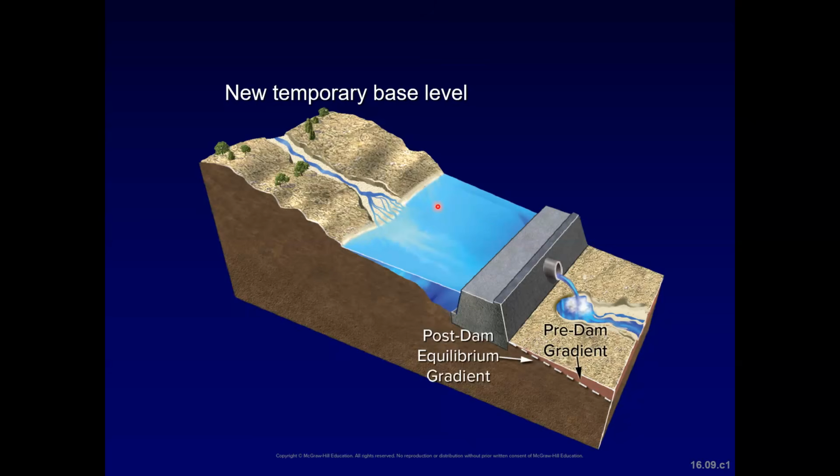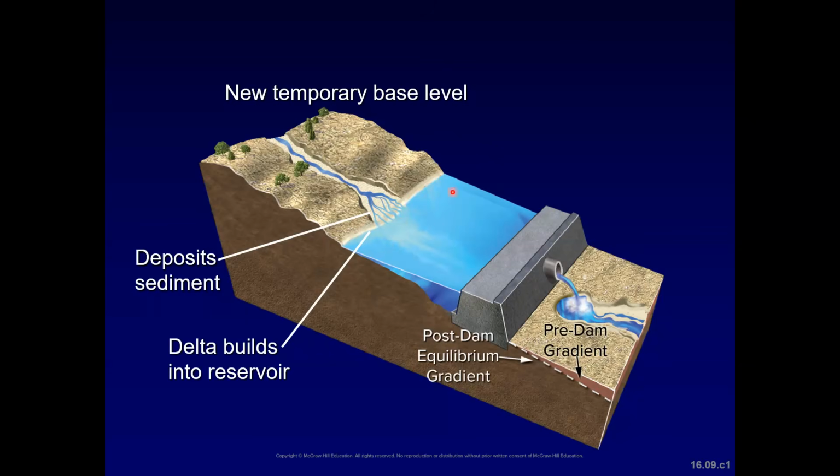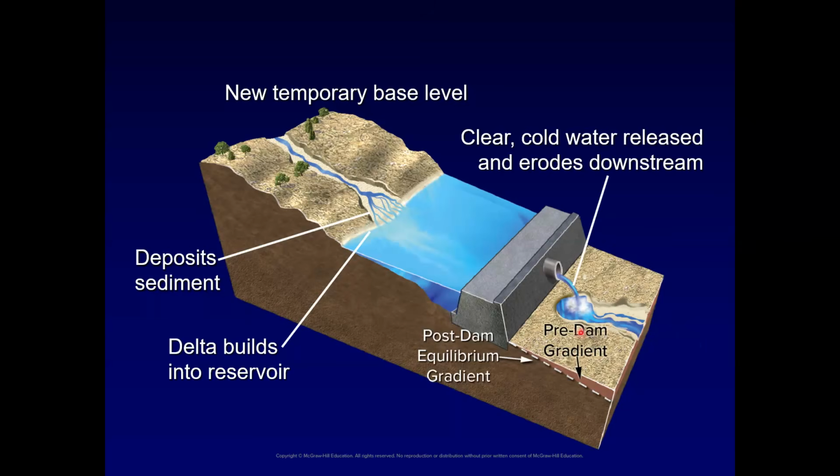And we have sediment deposition right in front of it, a delta that sort of builds into this reservoir of water. And clear and cold water can then be released from the dam, unlike this pre-dam flow.